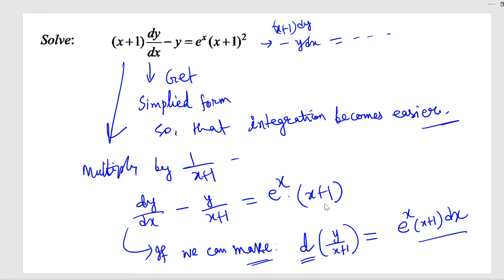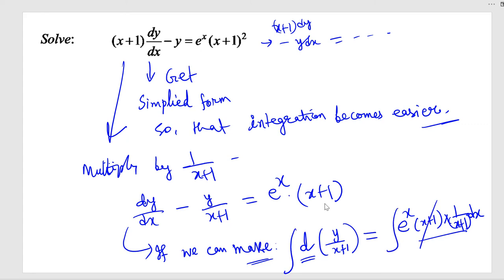Also, if we multiply by x plus 1 into dx, then directly if we apply this, it will get cancelled and our integration will become easier. How do we get this multiplier? Actually, this multiplier is a factor, and we call it an integrating factor.